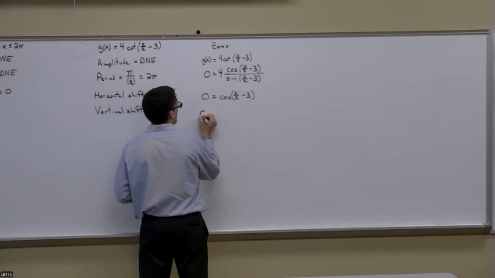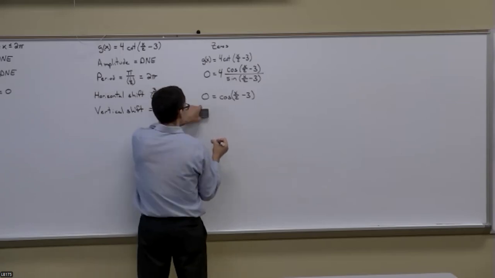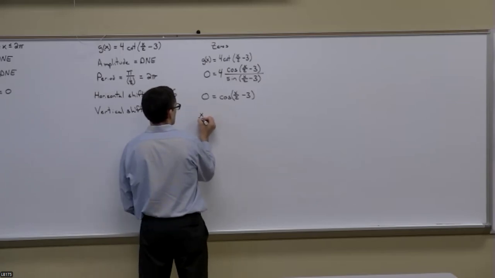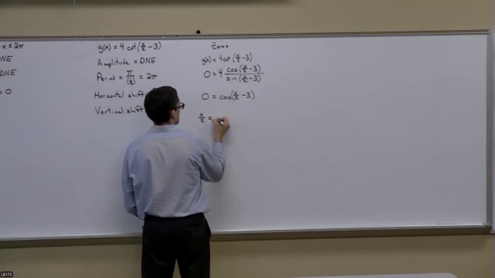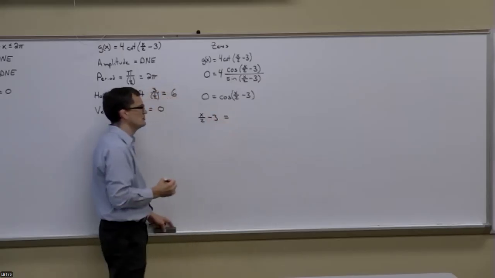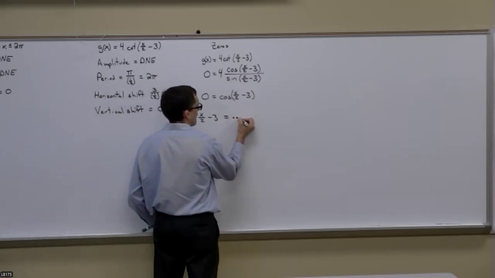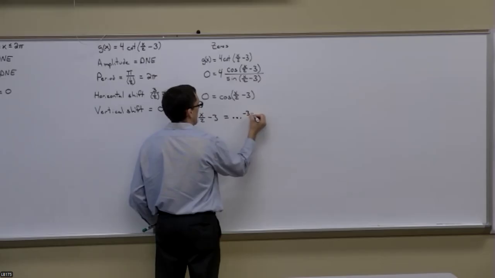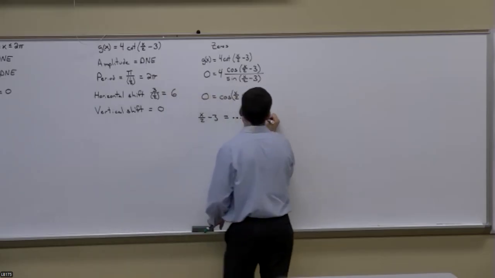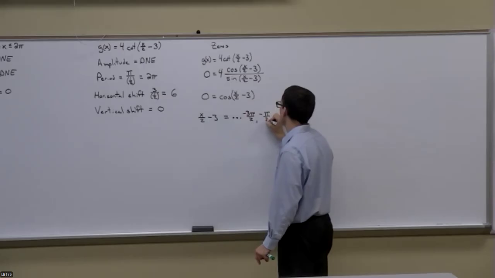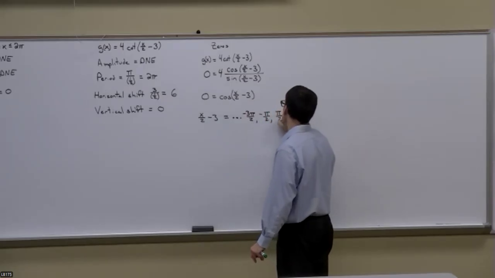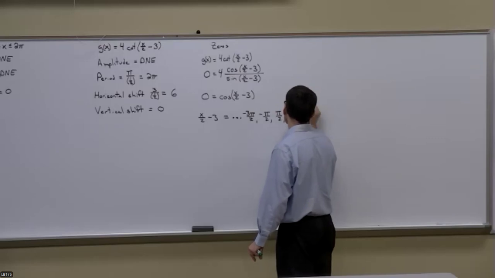On this one, you'll have to be careful. Our angle is x over 2 minus 3. So that's the thing that has to be equal to negative 3 pi over 2, negative pi over 2, pi over 2, 3 pi over 2, 5 pi over 2, et cetera.